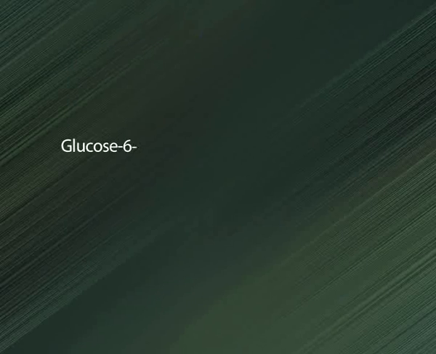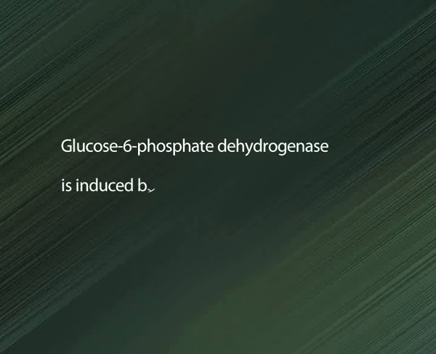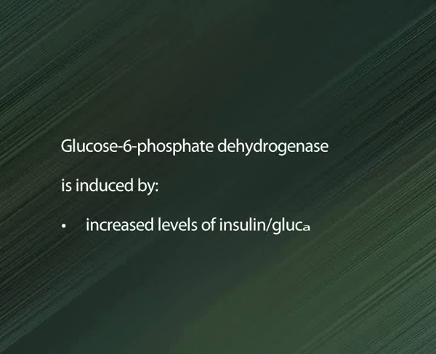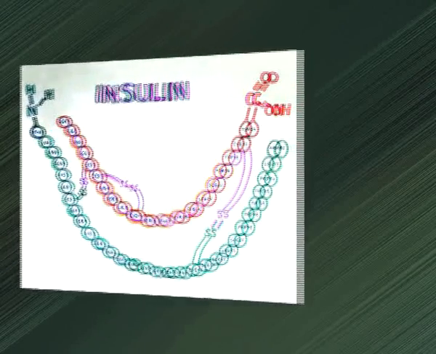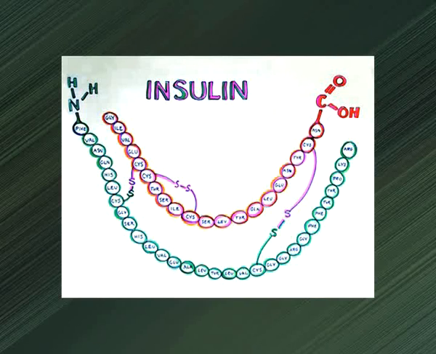The synthesis of glucose 6-phosphate dehydrogenase is induced by an increased insulin to glucagon ratio after having a high carbohydrate meal. Insulin, when secreted in response to hyperglycemia, induces the synthesis of glucose 6-phosphate dehydrogenase and 6-phosphogluconate dehydrogenase, increasing the rate of glucose oxidation by the pentose phosphate pathway.